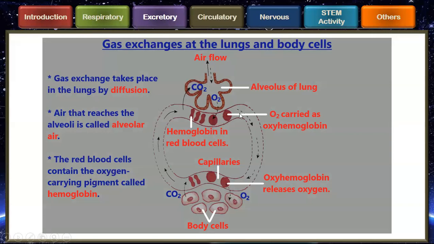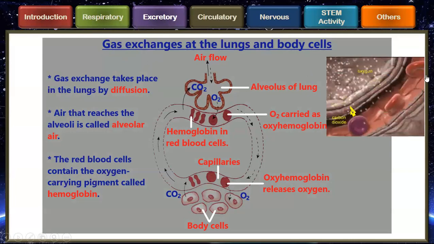The red blood cell will travel and then pump it out to the body cells. That is how it works. That is the gas exchange between the lungs and body cells. This is a perfect picture of how the transfer of gas between the capillary and the alveoli happens. Carbon dioxide out, oxygen in, so they're just exchanging.